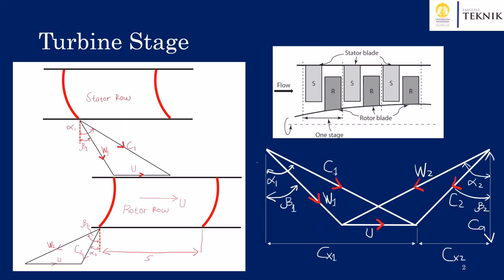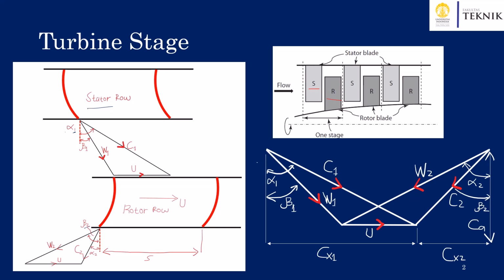To discuss the turbine stage, we have the same principle as that of the axial compressors, where a stage means a combination of stator and rotor. And also please keep in mind the numbering system that we use: 1 to define the conditions at the outlet of the stator, and 2 as the conditions at the outlet of the rotor.